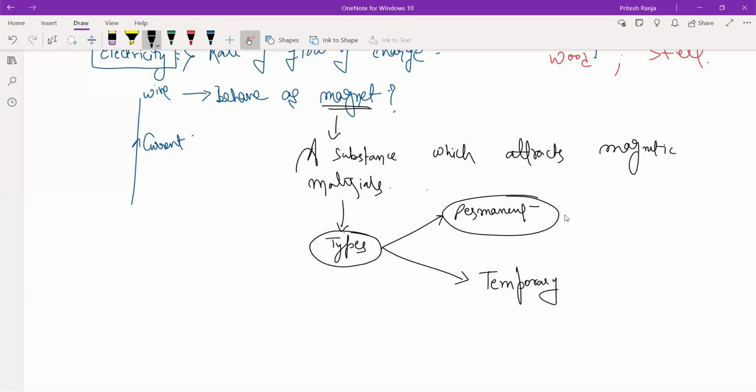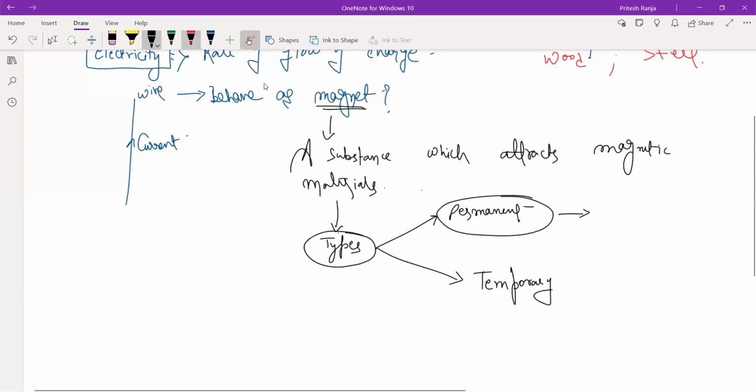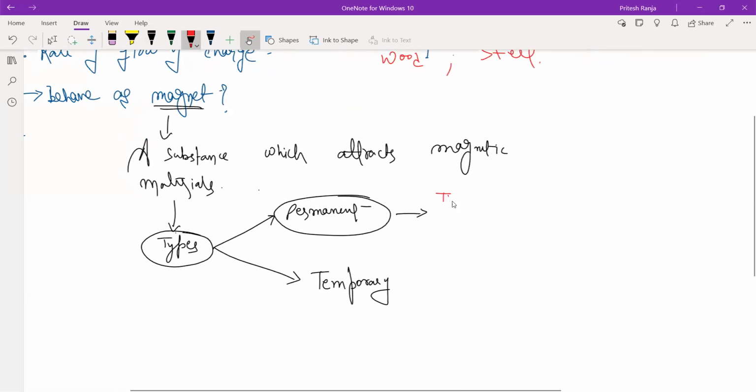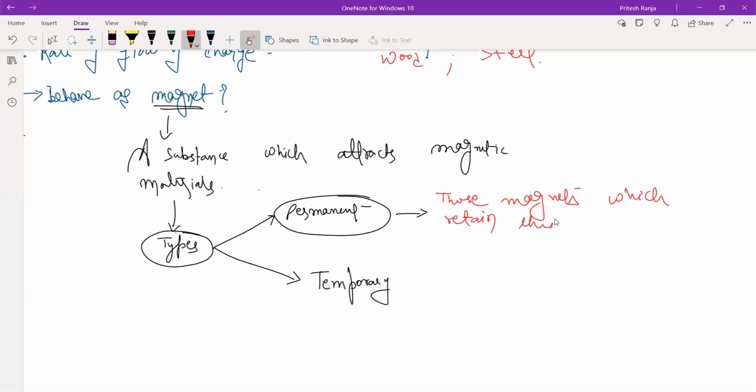Permanent magnets are those magnets which retain their properties forever. I am talking about magnetic properties, so their magnetism will not be lost.